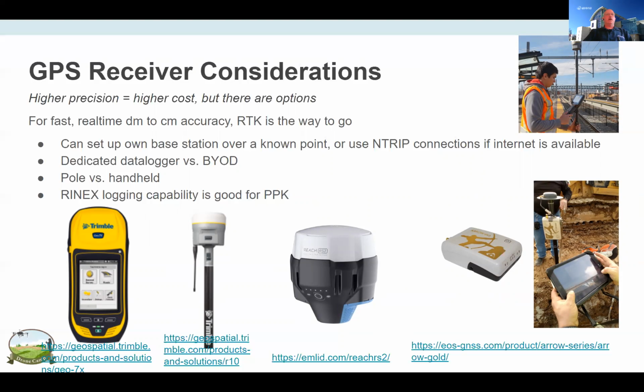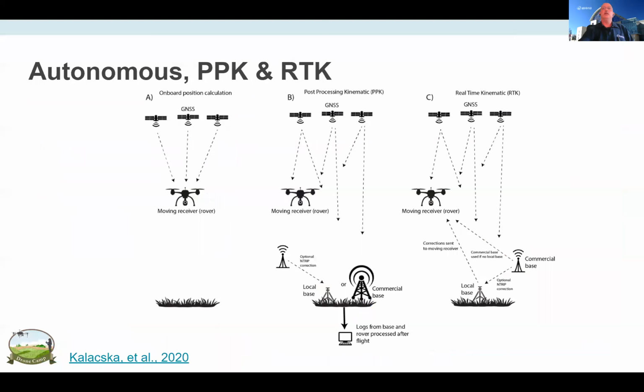We can set up our own base station over a known point, or we can use NTRIP connections, corrections, it says connections, if the internet is available. I'll tell you what NTRIP is in a minute, but the point is that to do RTK, we need a source of corrections in real time.